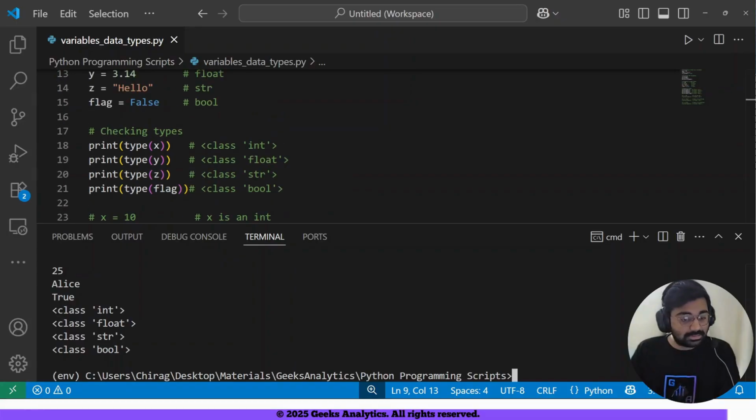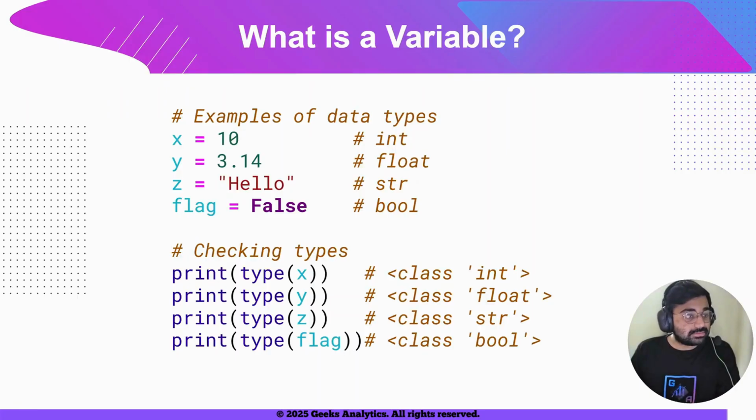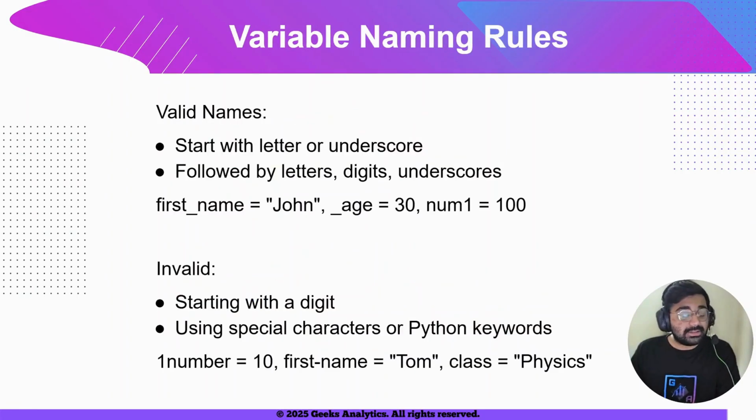Right. So coming back to the presentation, now coming to the variable naming rules. A good name matters because it makes your code more readable and easier to understand, so you know why something has been named in a certain way.